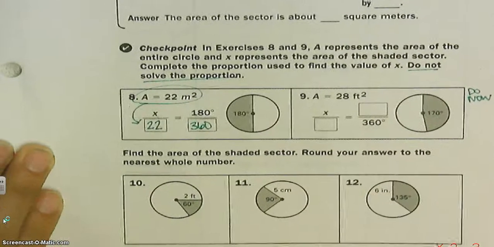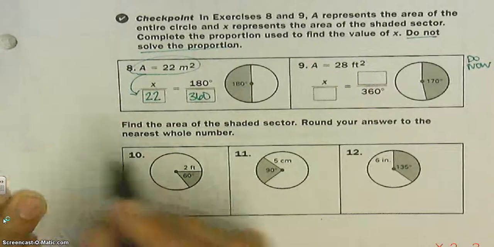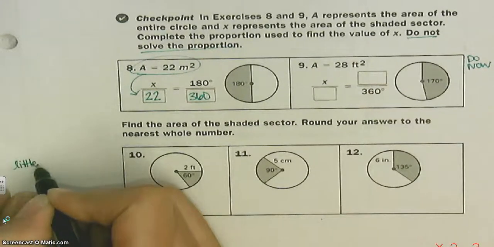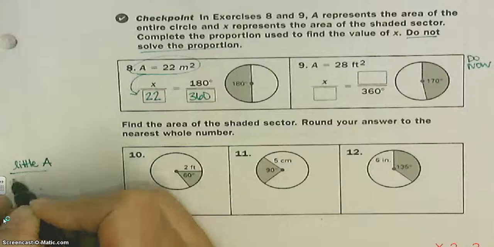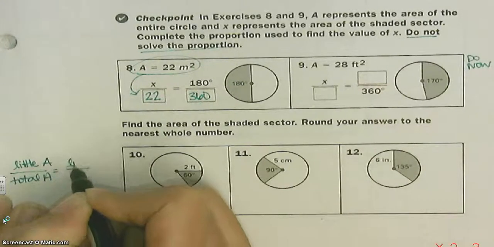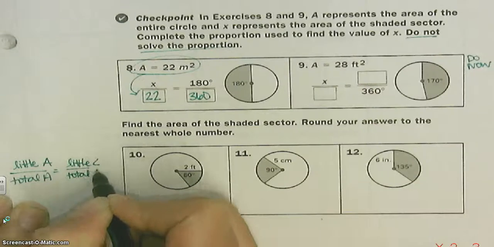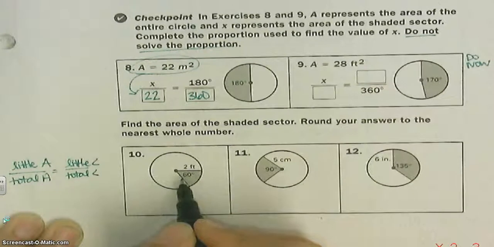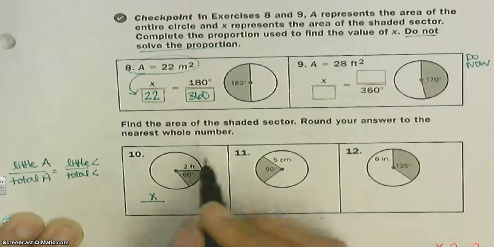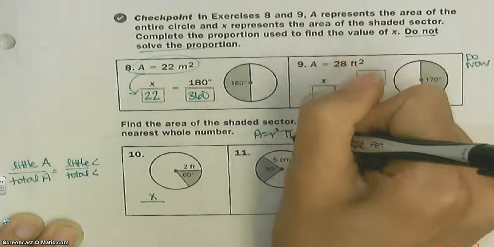Now down here, you need to write the formula and solve. So write it out. Little area over total area, little angle over total angle. So I'll get you started. We're looking for this little area, so that's x. Total area, well, we know area equals r squared pi.